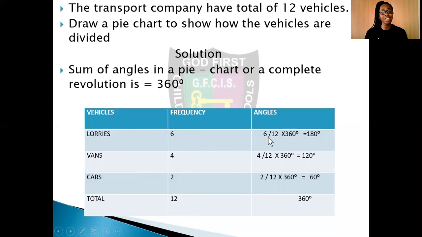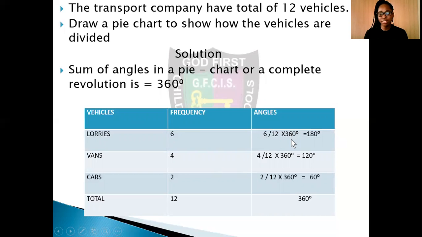To get the exact angle, it will be 6 divided by 12 times 360 degrees. Let me take that again. 6 divided by 12 times 360 degrees.